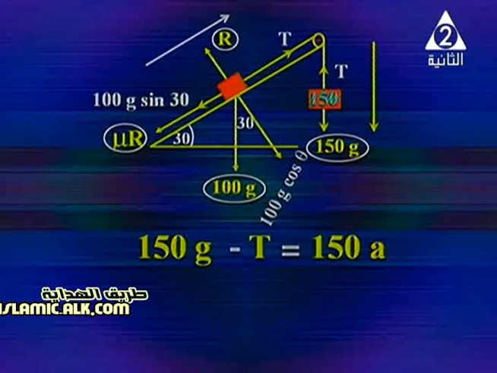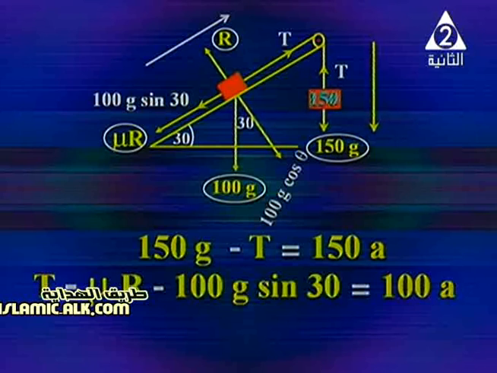The motion of the second body is 150 g minus t equals 150 a. After that, we have the third equation: t minus mu r minus 100 g sine theta equals 100 a.